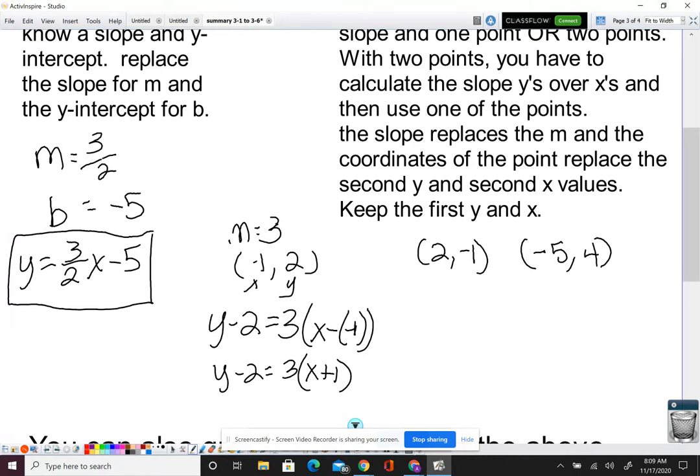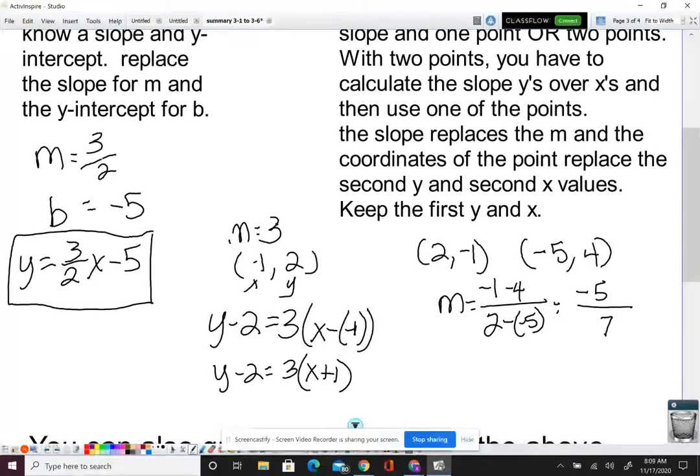If we're given 2 points, the first thing we have to do is come up with the slope by using our slope formula. So -1 minus 4 over 2 minus a minus 5. -1 minus 4 is a -5. Positive 2 plus 5, because of the 2 negatives, is 7.